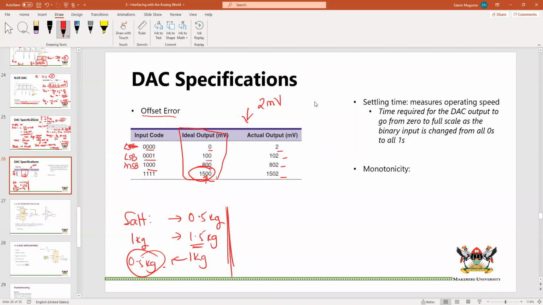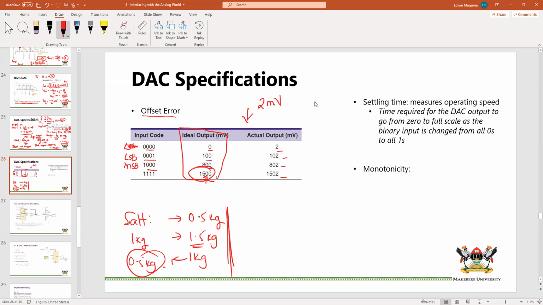Some of these may not have one, so usually what you do is you connect the meter, or in this case your digital to analog converter, to some input where you know the ideal output, and then you can make some changes. Obviously, this offset error can also exist alongside other inaccuracy issues, so we need to be careful to understand what we are dealing with.